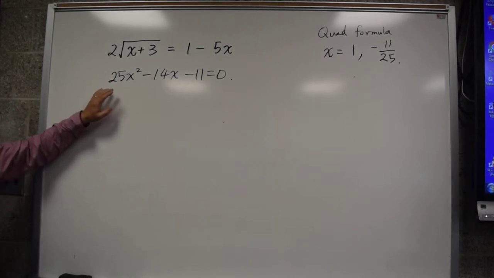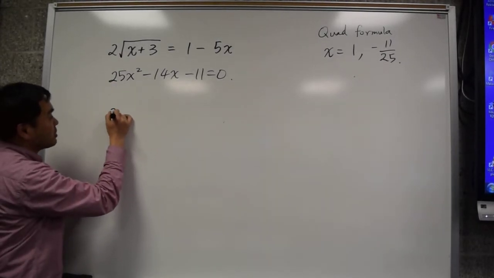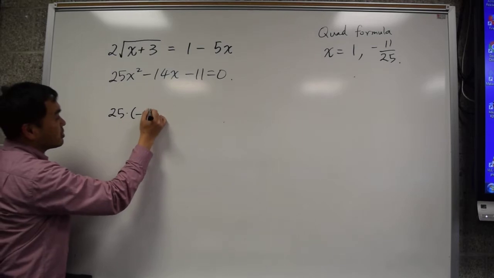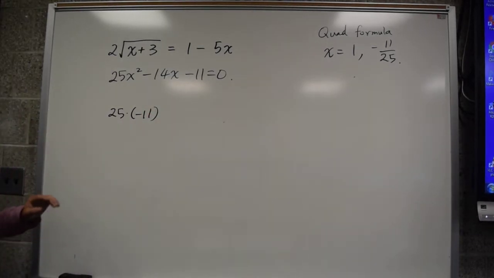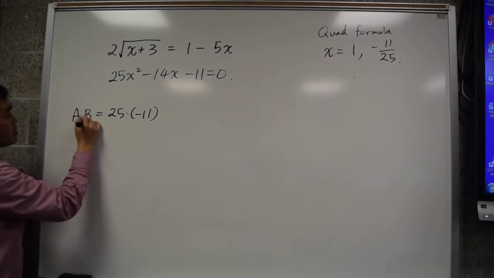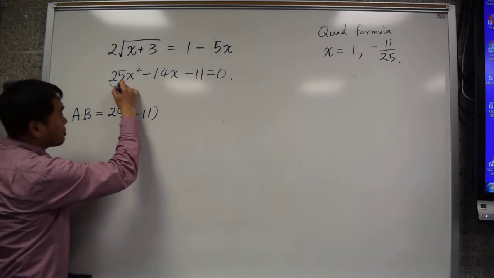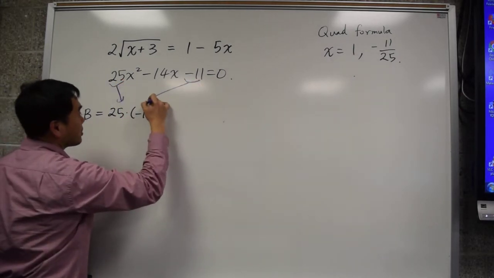So the way you do it is, first, think about the product of 25 and the last number. Step one is multiply the first and the last.